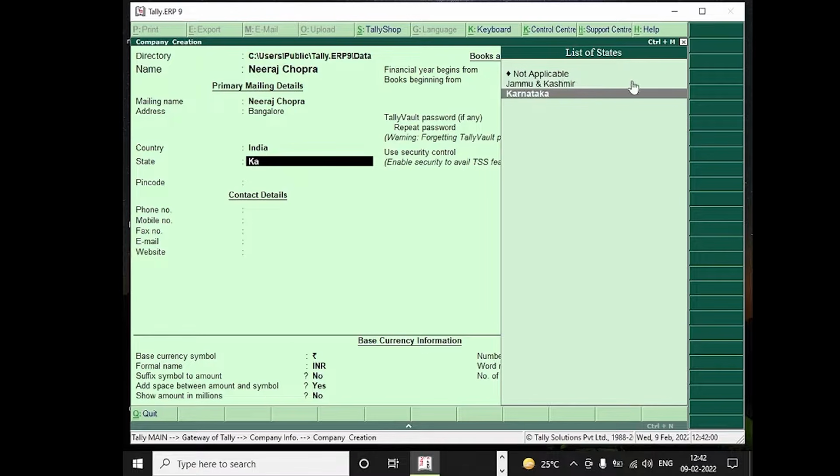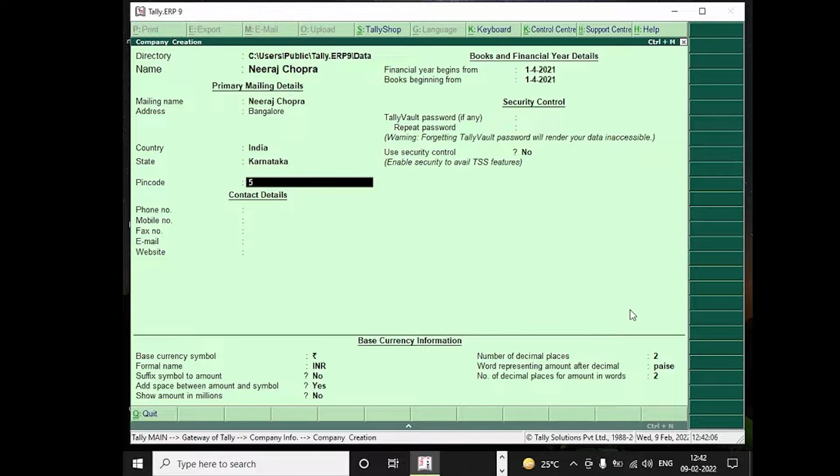These are the list of states you can see here. So I'll be selecting Karnataka. Pin code. Phone number, you can also give phone number. Mobile number. You don't need to give fax number.